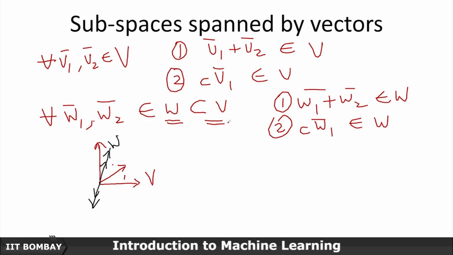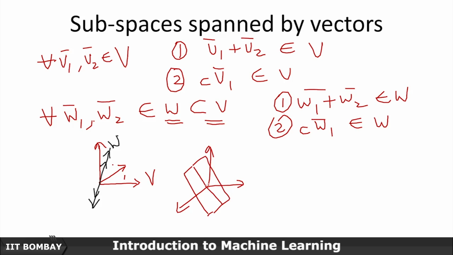So what do we mean by spanning subspace, spanning vectors? For that I will have to go to 3 dimensions. Let us say we have a 3 dimensional space, and I take a plane that is passing through the origin, and I take all the vectors that lie on the plane that passes through the origin.